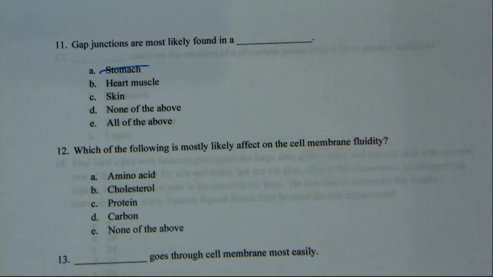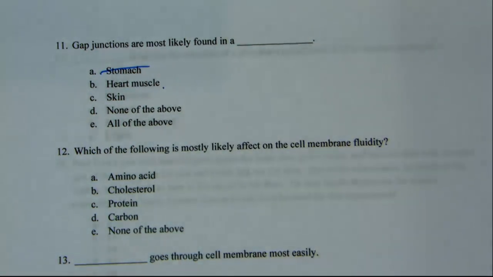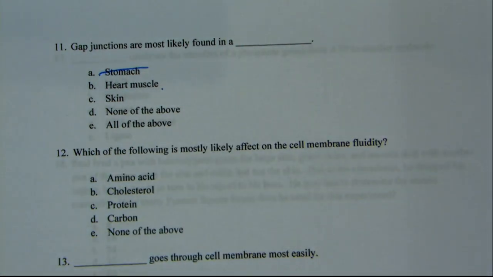Okay. So the next one, the skin, the heart muscle. Why heart muscle? Is it gap junction? What does gap junction do? Transport it rapidly. So it basically has the channel that can communicate between cells, right? So what would happen if your heart muscle don't communicate well?